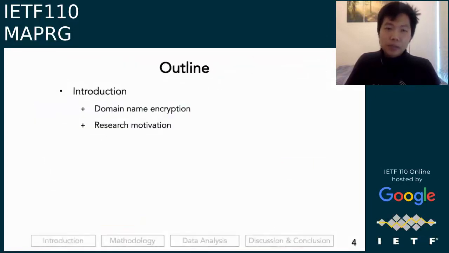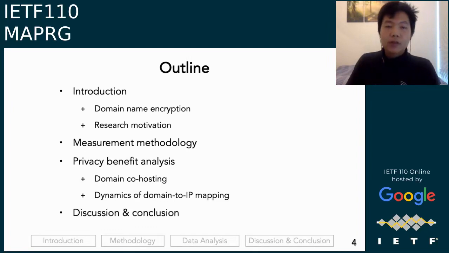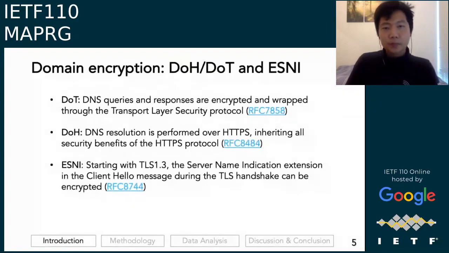For the rest of this presentation, I will first introduce the basic concepts of domain name encryption protocols and the motivations behind our study, and the methodology that we use to conduct our measurement. Then I will show the analysis of the privacy benefit provided by domain name encryption, due to domain co-hosting and the dynamics of domain to IP mapping. Finally, I will discuss potential approaches for domain owners and hosting providers to help increase the privacy benefit of domain name encryption.